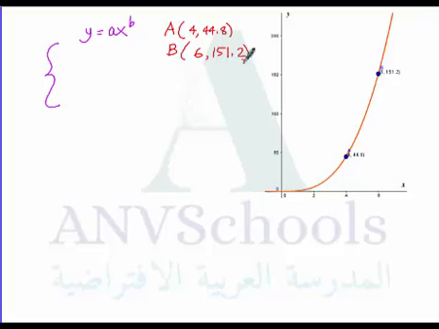Now we are going to have the equations. For x = 4, y = 44.8, so 44.8 = a times 4 raised to b. On the second part, x = 6 and y = 151.2, so 151.2 = a times 6 raised to b.